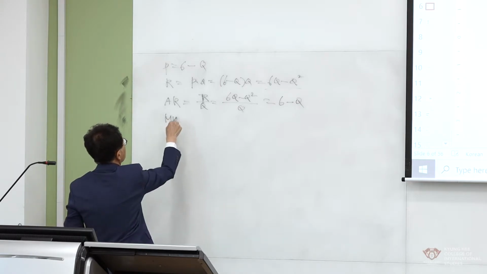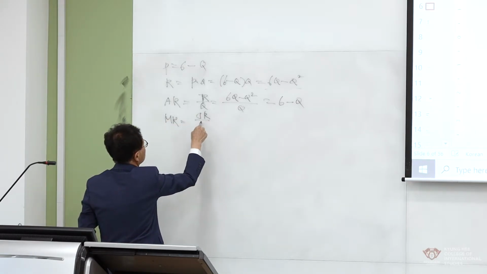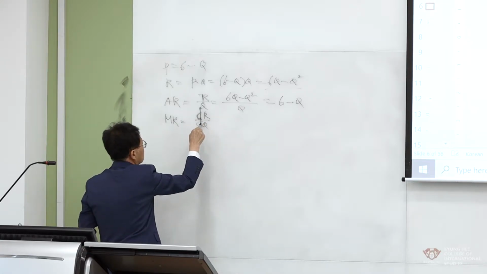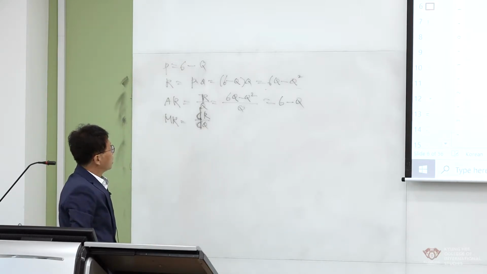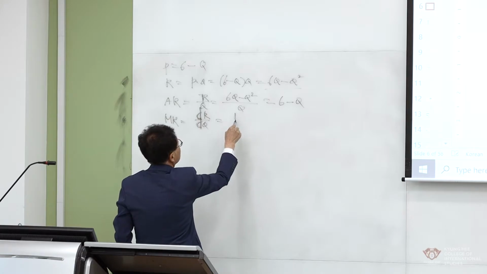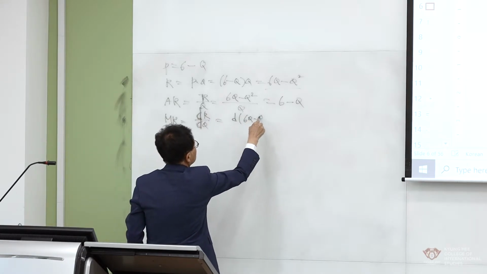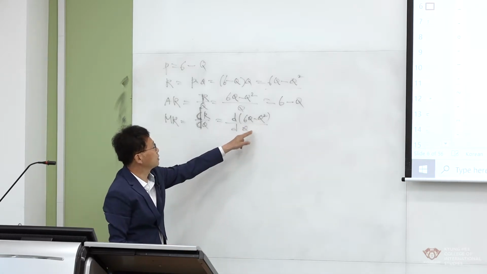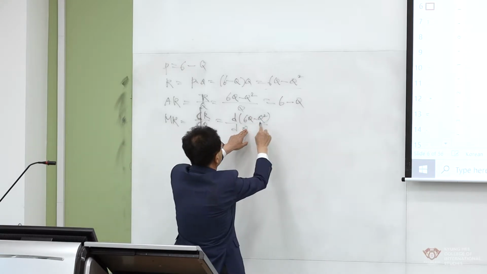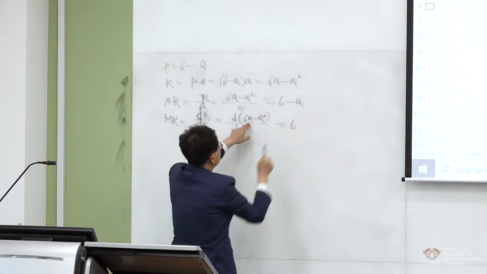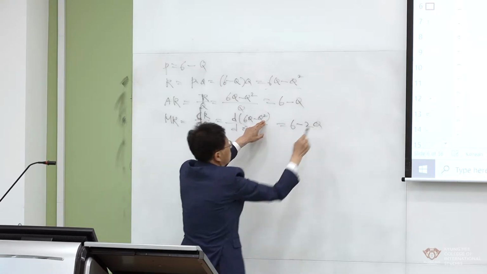Marginal revenue is the change in total revenue divided by the change in Q, the first derivative, the instantaneous slope: dR over dQ. It is the first derivative of the total revenue function with respect to Q. The derivative of 6Q minus Q squared with respect to Q is 6 minus 2Q.